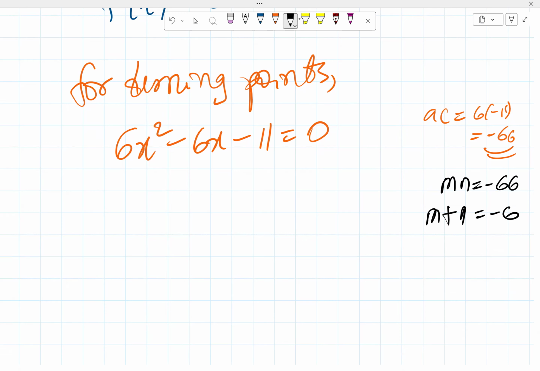So clearly that should be 11 times 6. No, it can't be 11 times 6. There should be factors of 66.